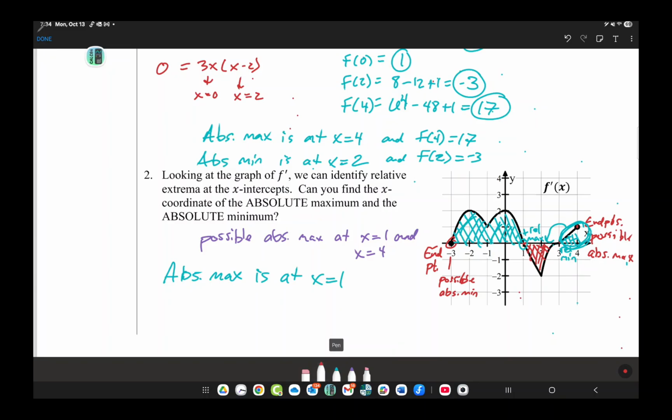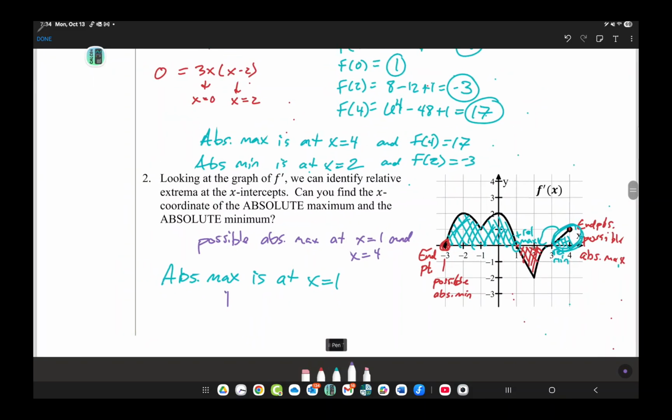Now let's look at kind of the easier one. Here, I have a possible absolute min at x equals -3 and 3.